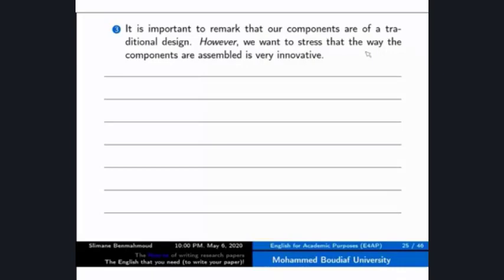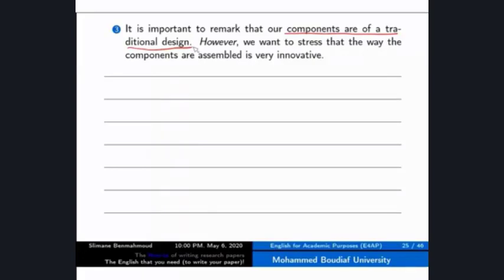Well, in this example, the reader will think initially that the important information that the author wants to give them is that their components are of traditional design, which is not the case.